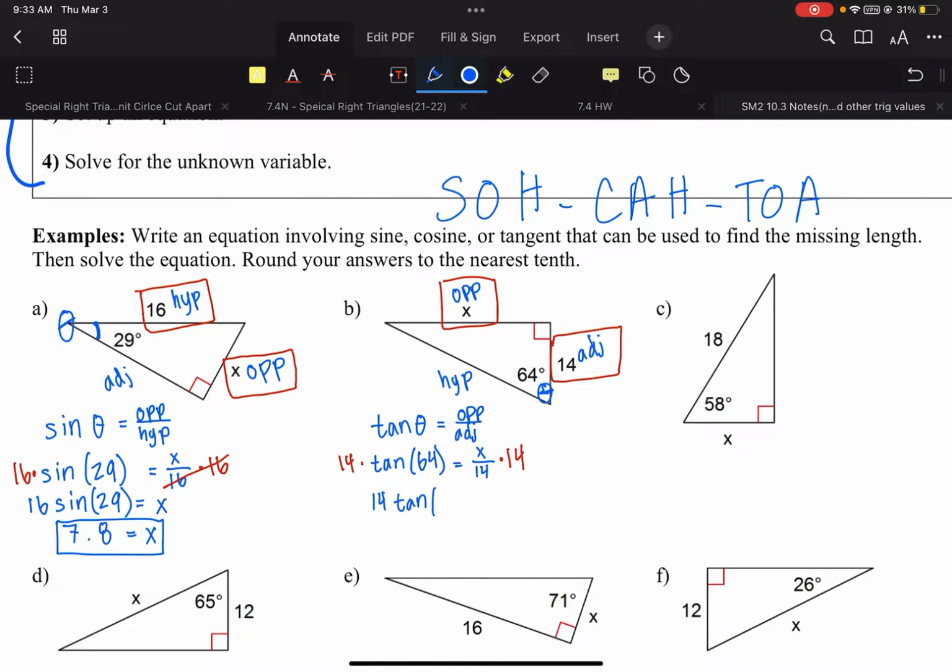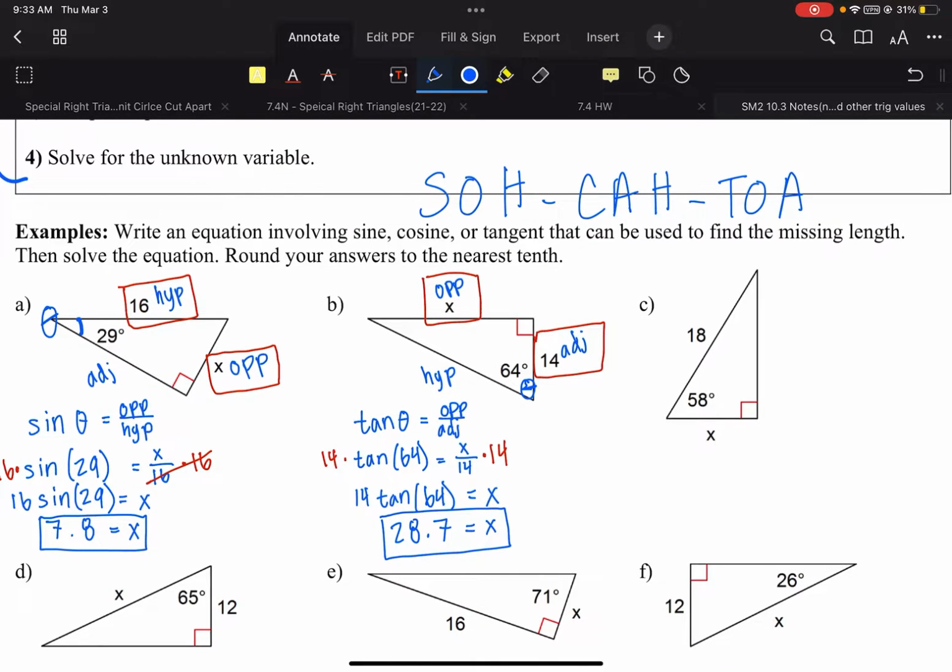Oops, that's a 4, not a 64, is equal to x. Then I'm going to punch that into my calculator, and I get 28.7 is equal to x. Now remember, this 28.7 is a side length. So if I go up to that triangle, that top side length, the x value, is 28.7 long.